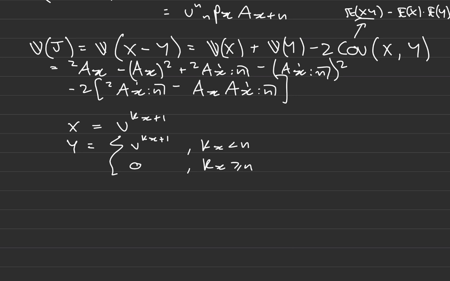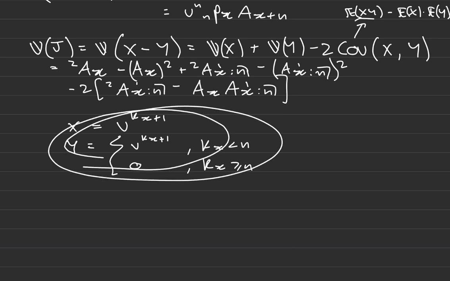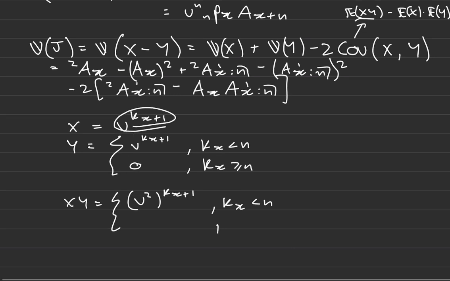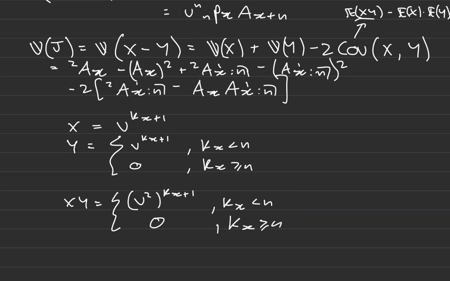So if I multiply these two, X times Y, v to the Kx plus 1 times v to the Kx plus 1 when Kx is less than n is going to be v squared to the Kx plus 1 when Kx is less than n. And then when Kx is greater than or equal to n, I'm going to multiply 0 with this, which will just be 0.